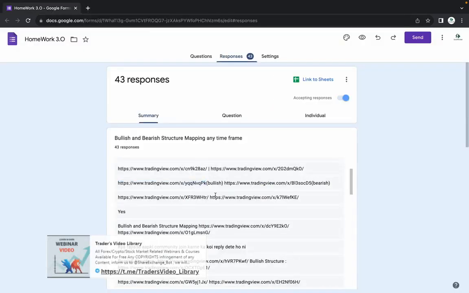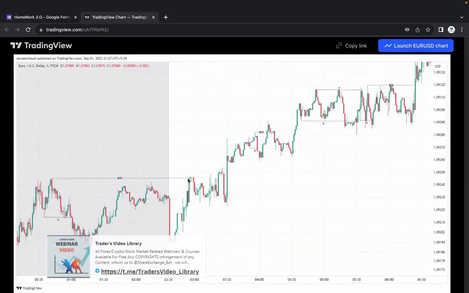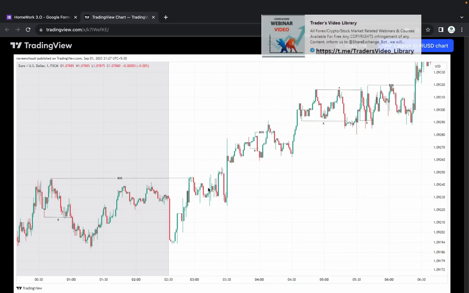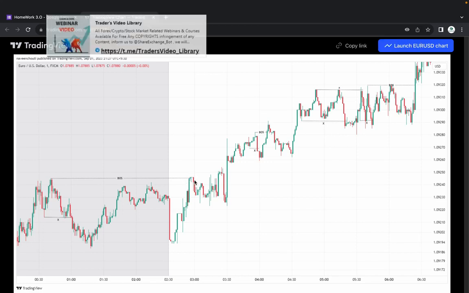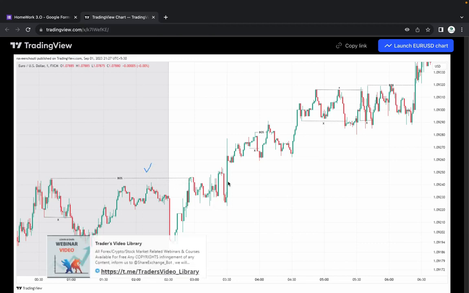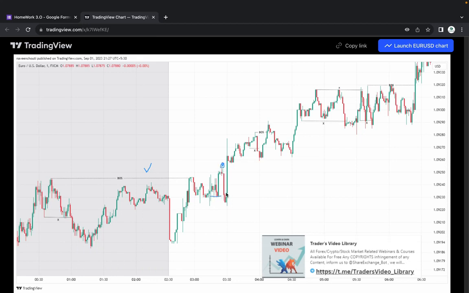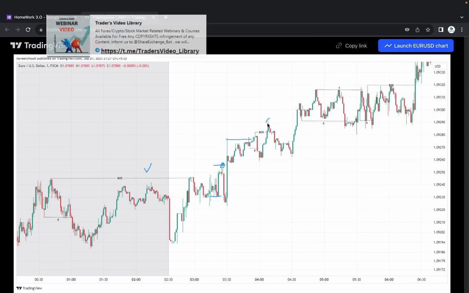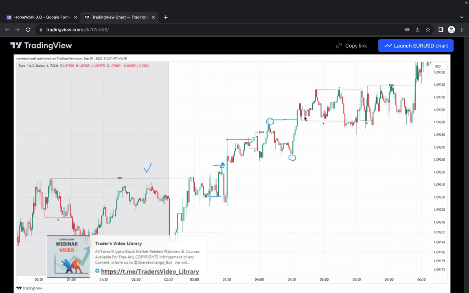Let's choose another one. Okay, this is a break of structure. After a break of structure we need inducement. So first of all you have to check whether this is a liquidity grab or a break of structure. If the candle closes over it, this becomes our valid break of structure. The market needs inducement, which is grabbed here like this, creating another break of structure. This one is a liquidity sweep. Next time it just closes over it, confirming higher high, higher low, again break of structure.